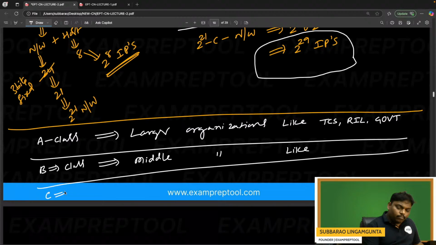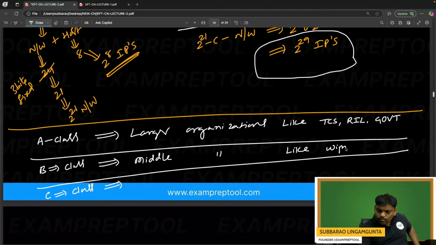Maybe I can say Wipro, something like that, maybe BSNL. No one will ask you, just some examples.